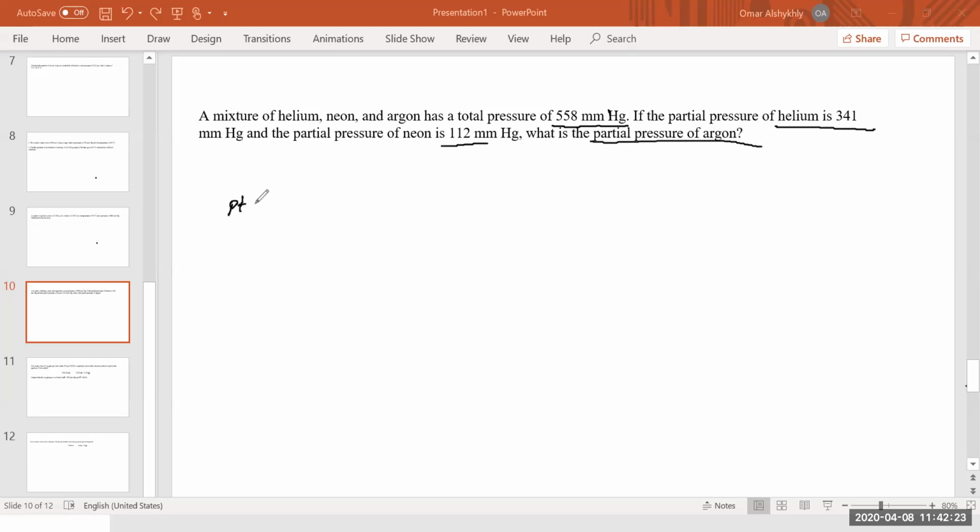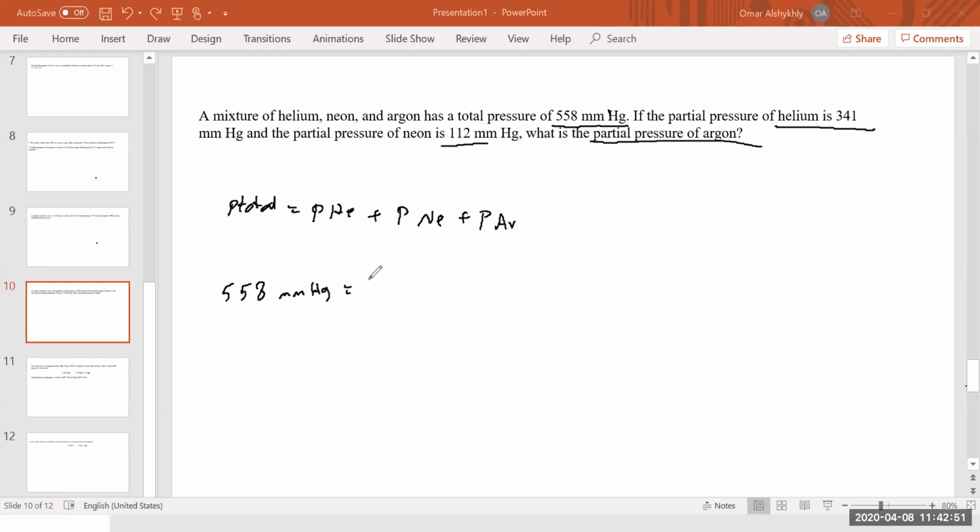P total is the summation of the partial pressures of all the gases in the mixture. So it will be the pressure of helium plus the pressure of neon plus the pressure of argon. Total pressure was 558 millimeter mercury.